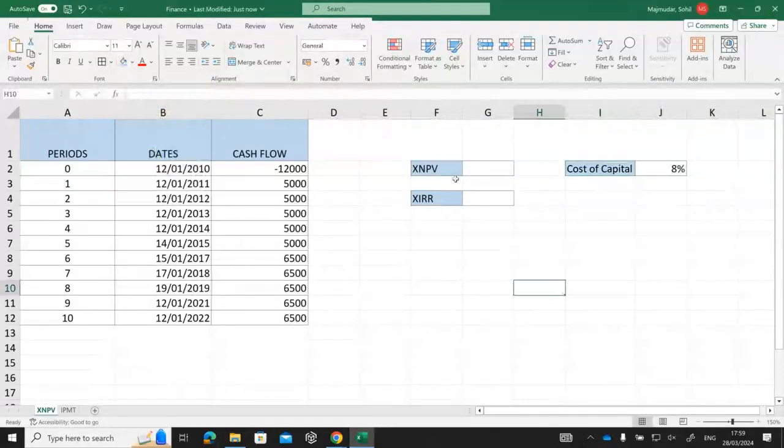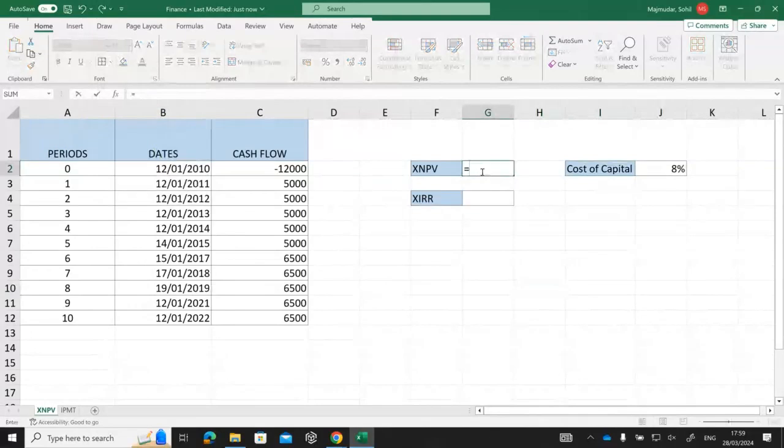All right, so XNPV is pretty straightforward. You do equals XNPV. Now in NPV there were two things, rate and value.